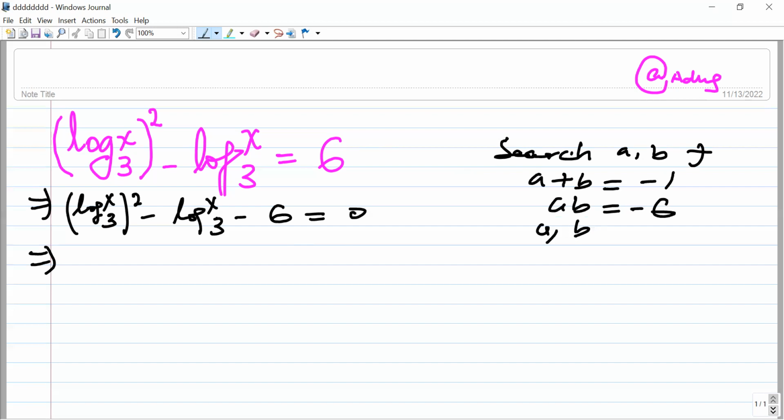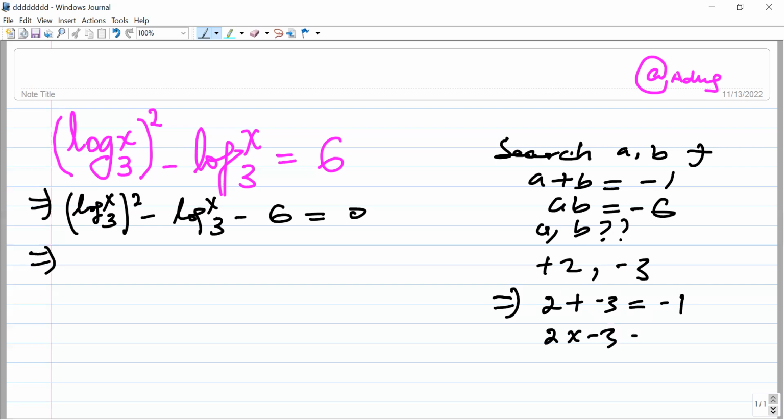The numbers are actually +2 and -3. If we add them, 2 plus -3 is -1, and 2 times -3 is -6.